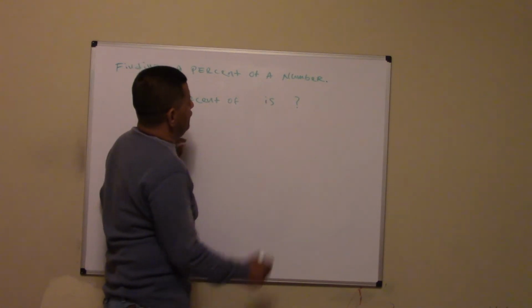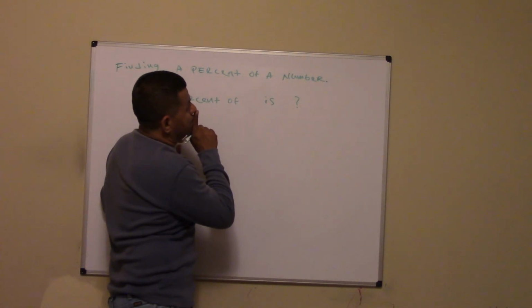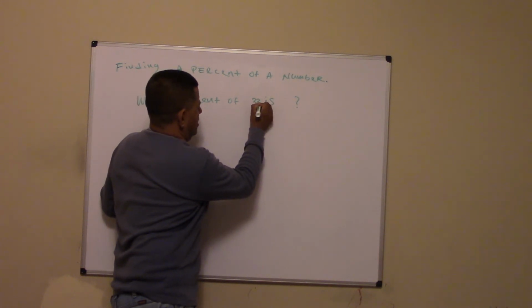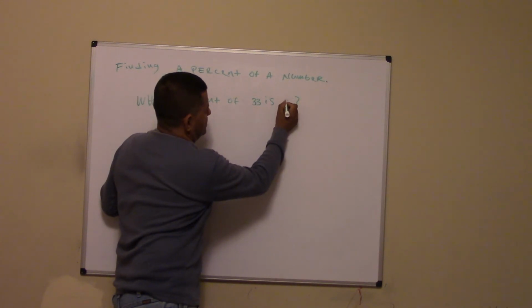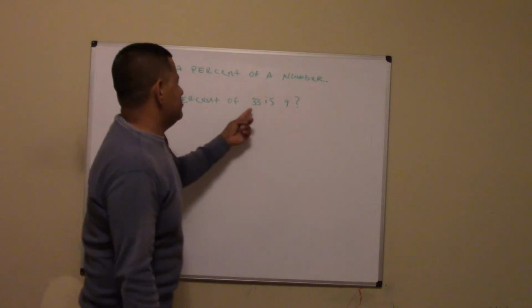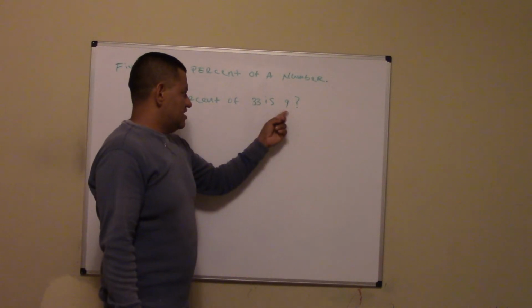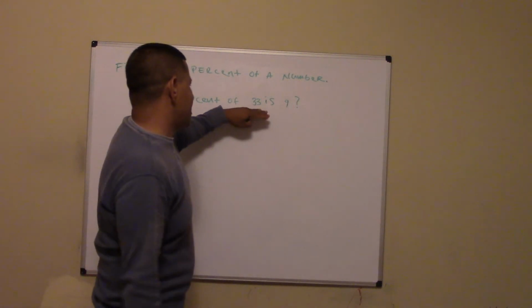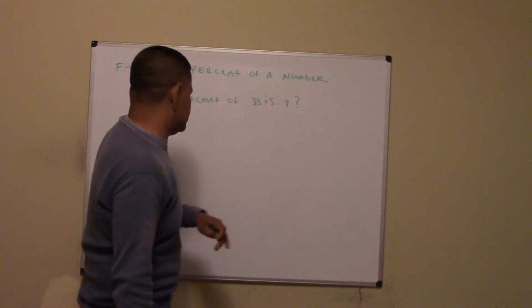Let's do 33 and let's do 9. The reason why I picked 33, and not 36, is because with 36 I'm going to have 25% again, so I pick a number less than 36 and see what I get.